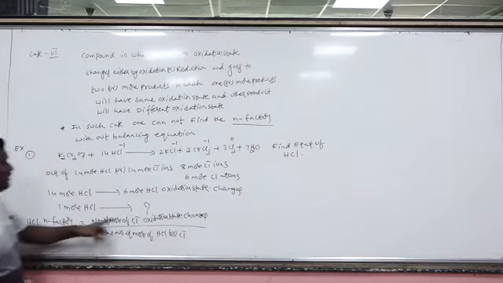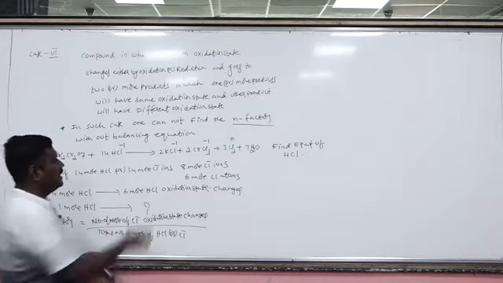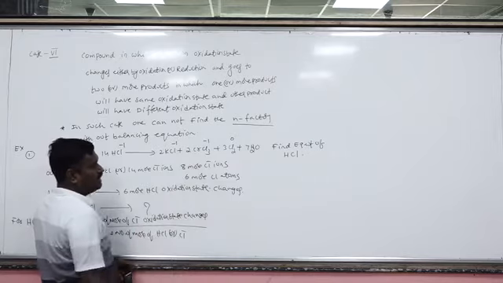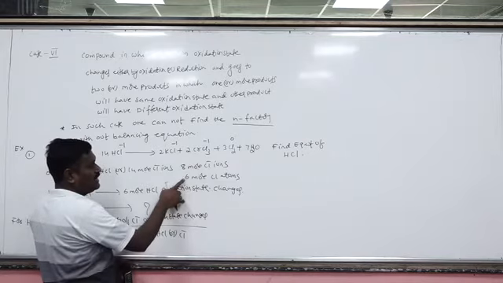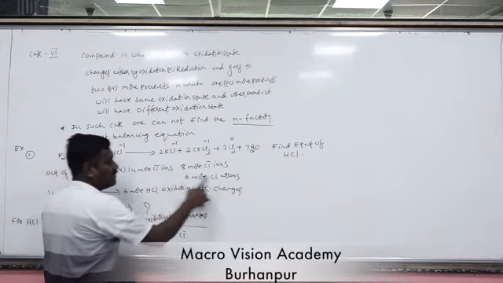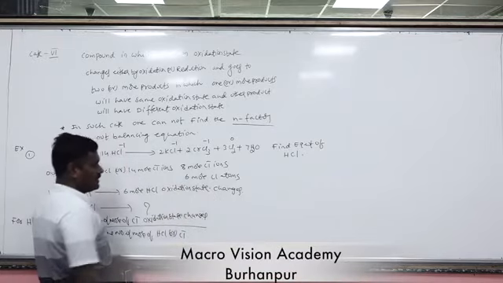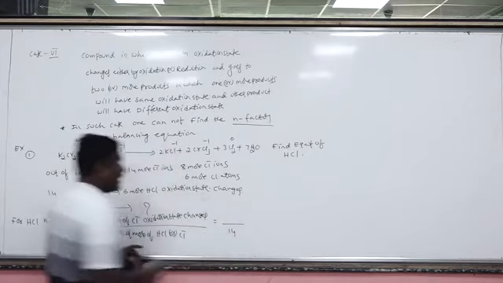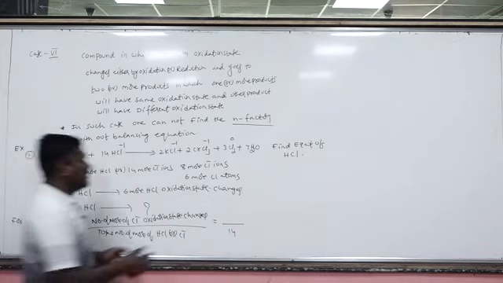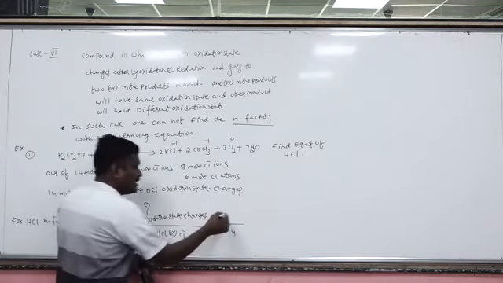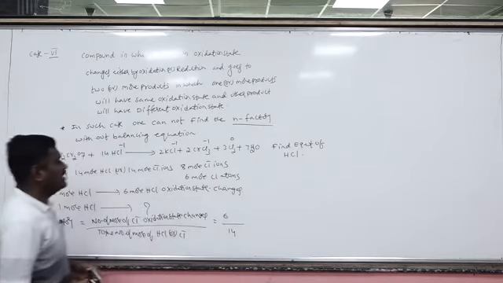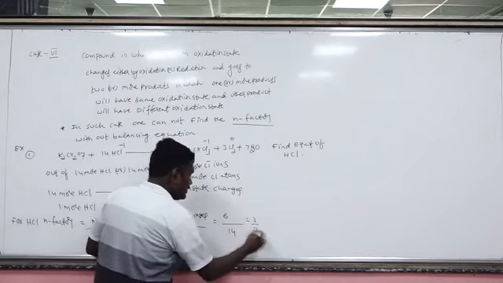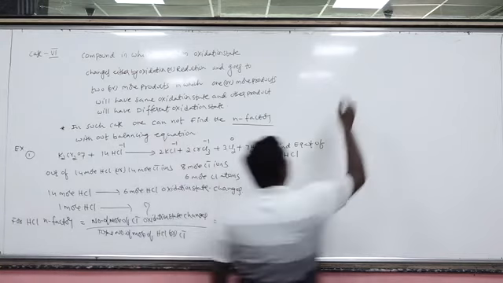Here 8 Cl minus ions have no change in oxidation state, but 6 Cl minus ions will convert into 6 moles of Cl atoms. So out of 14 moles of HCl, only 6 moles of Cl minus get changes in their oxidation number. So the n factor is 3 by 7.